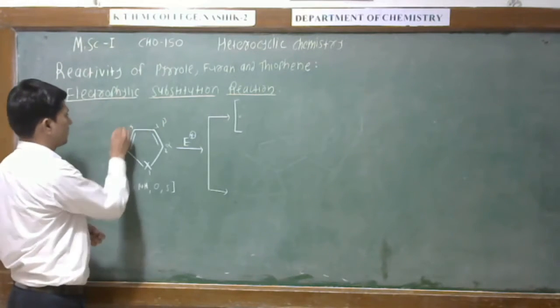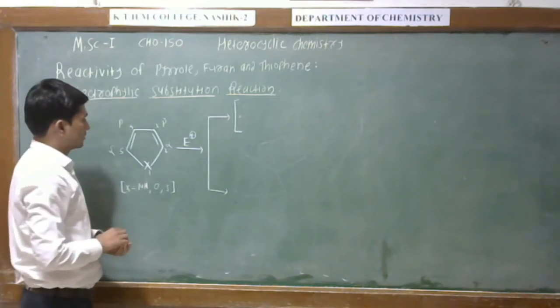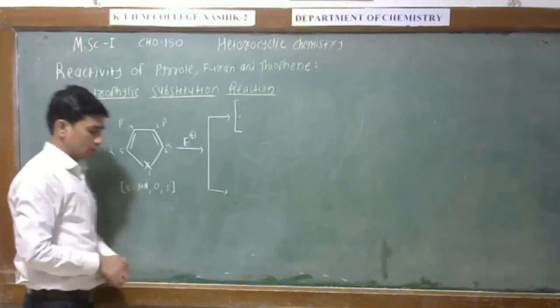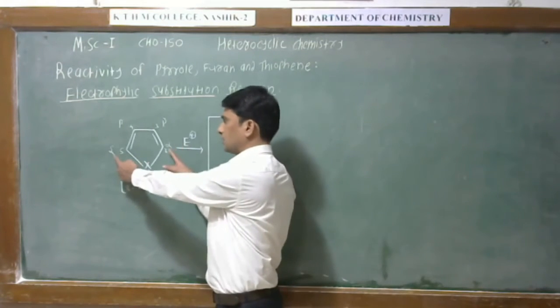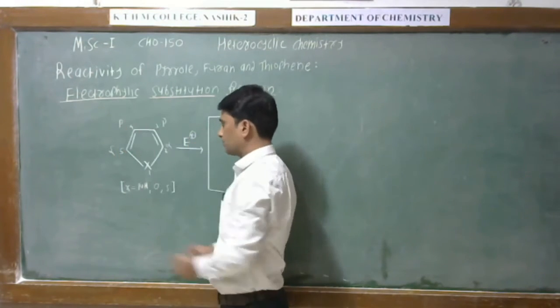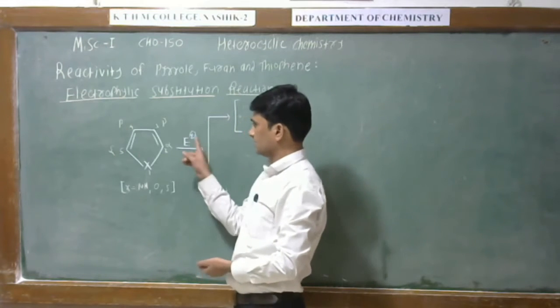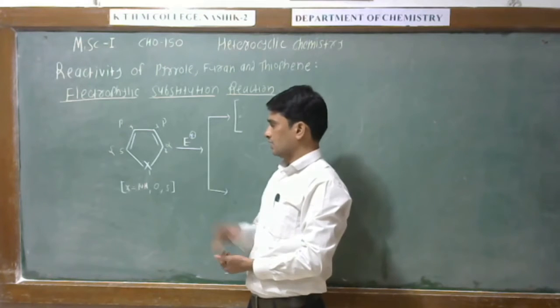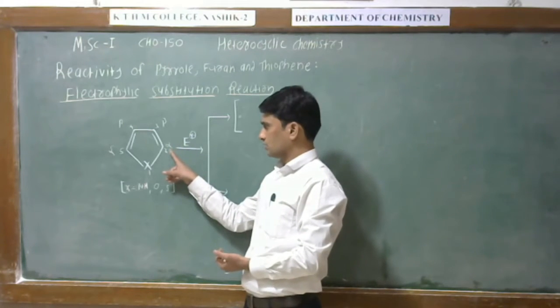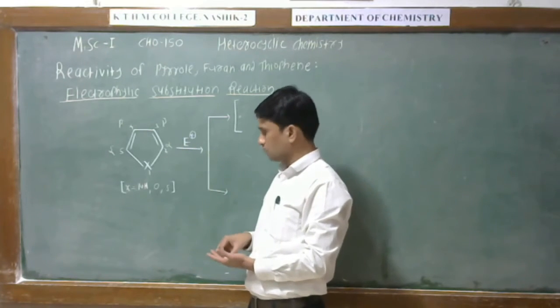Once again, this is alpha and this is beta. So there are two positions, and the electrophile can substitute on either position alpha or position beta.